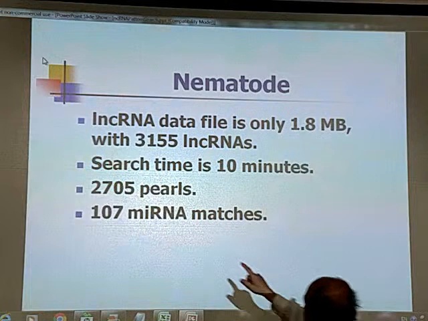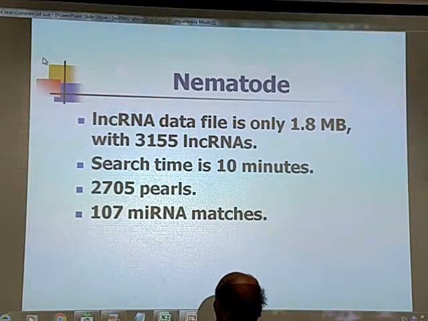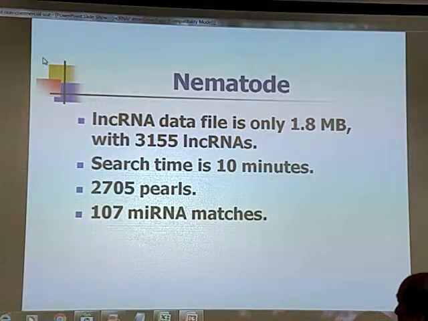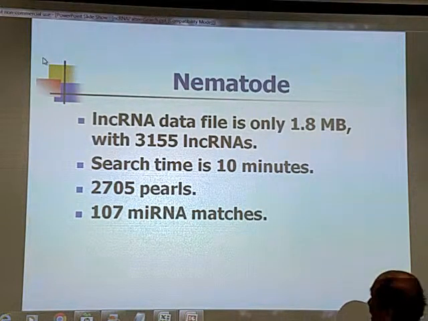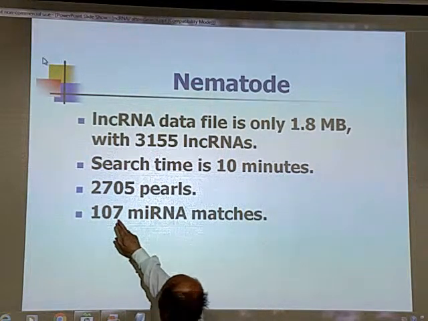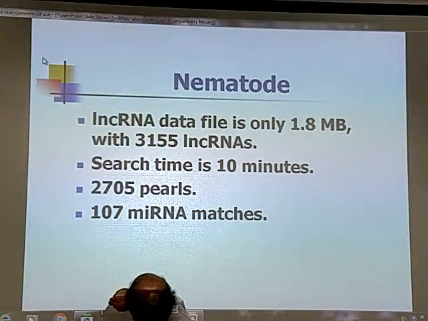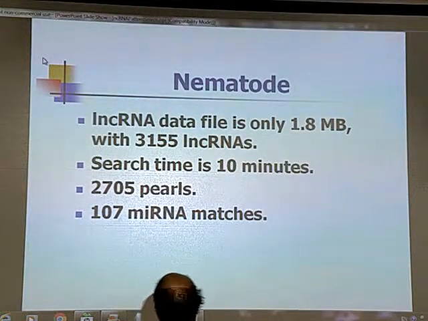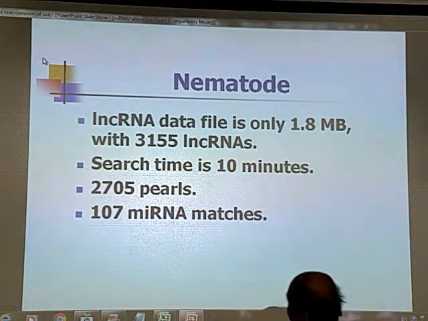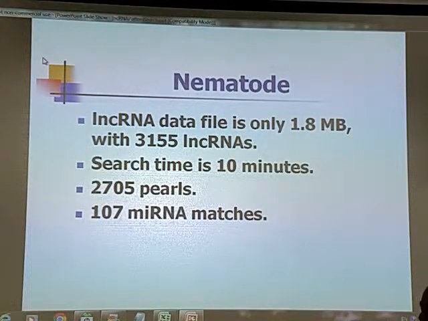And I was able to identify 2,000 pairs. And then I want to go back and match to see how many of these 2,700 pairs match with the list that I have. I think I found 107.